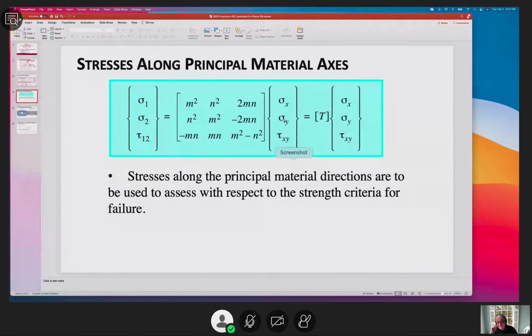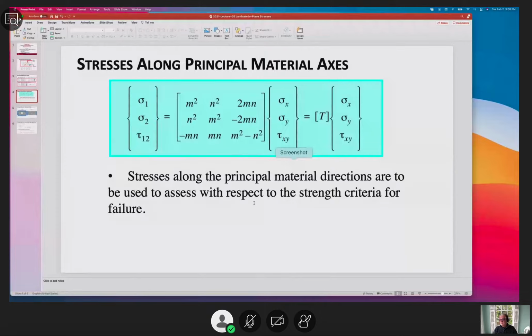This is the transformation matrix multiplied by the stress state. So once I have the stresses in the individual layer, I can go to the principal stress direction. This is important because they are to be used to assess the failure. We will hardly ever use sigma x, sigma y, tau x, y to assess failure of an individual layer.